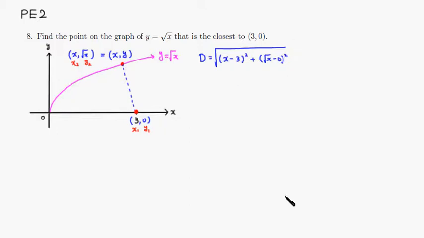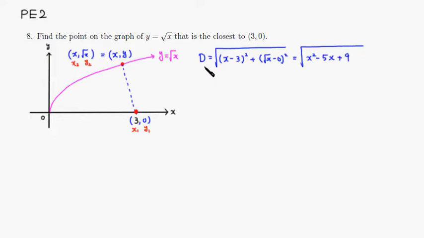If you simplify that, you get the square root of x squared minus 2 times 3 times x, so 6x, but you have another x from here, so negative 6x plus 1x, so it's negative 5x, and 3 squared would be 9.